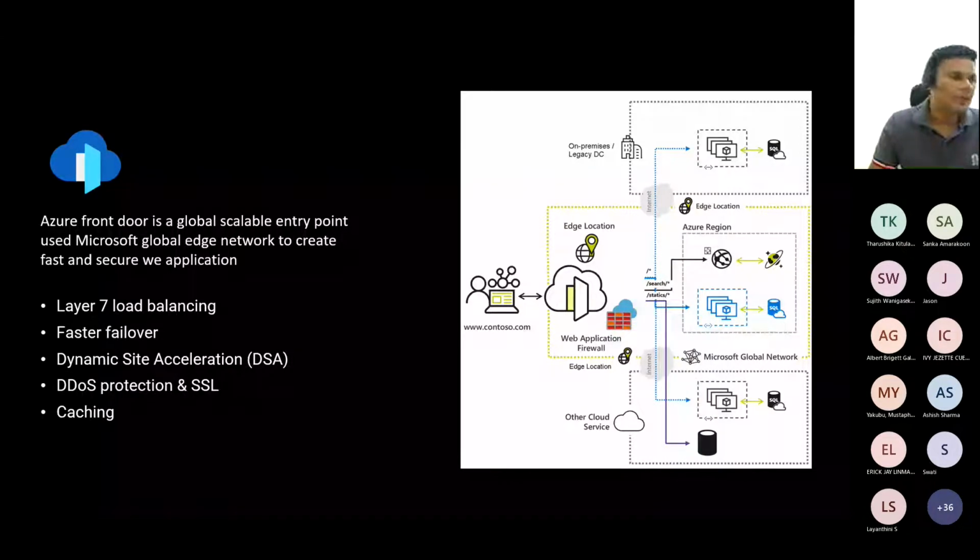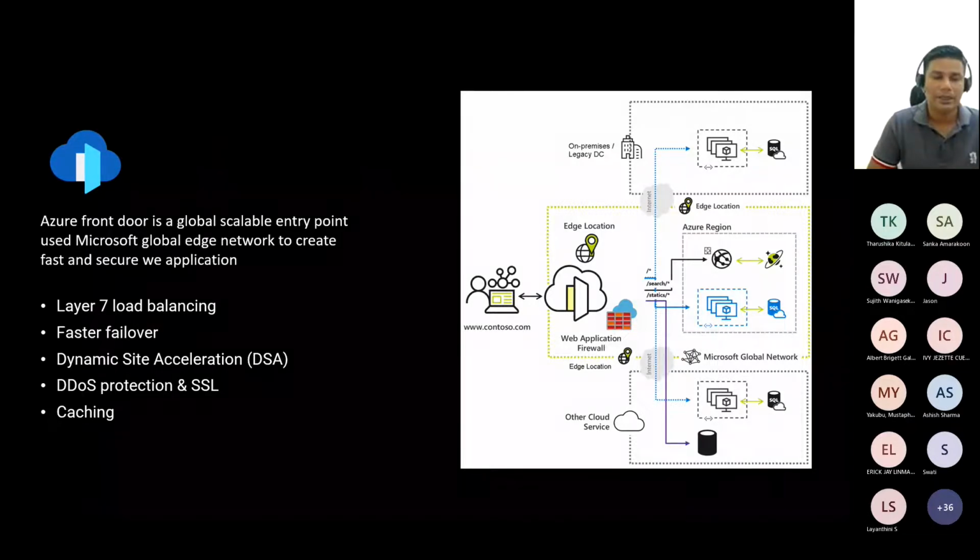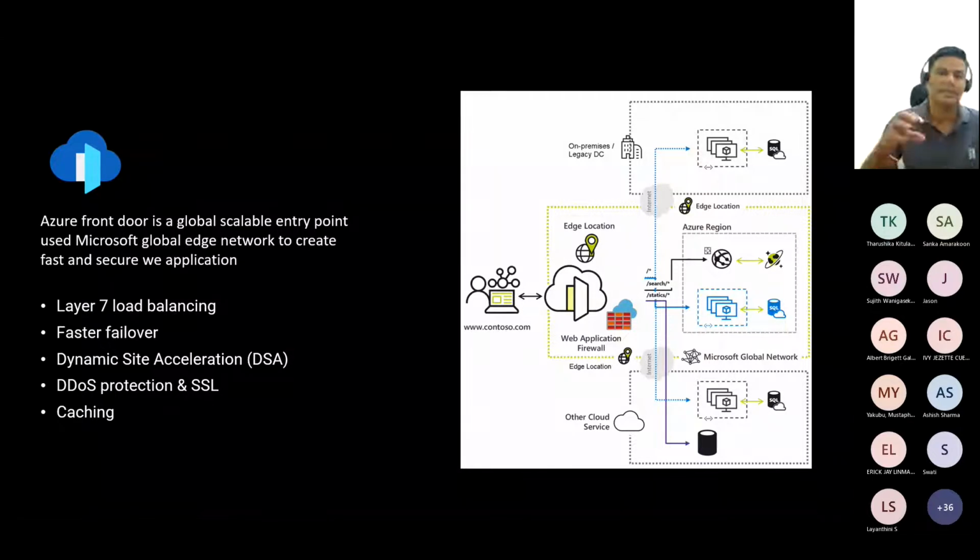Then there is faster failover. Normally in Azure we have Traffic Manager, and using Traffic Manager we set up multiple regions in case of failover. But Azure Front Door does not use DNS. It resides on the Microsoft edge locations, so there won't be any latency from connecting to another server.